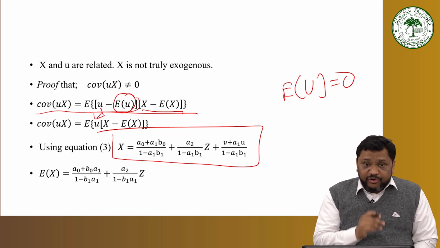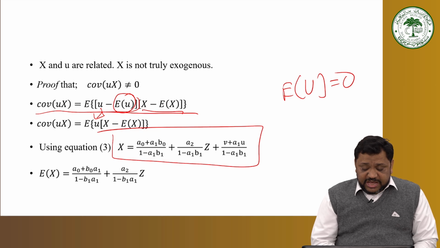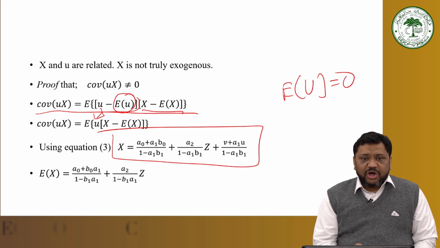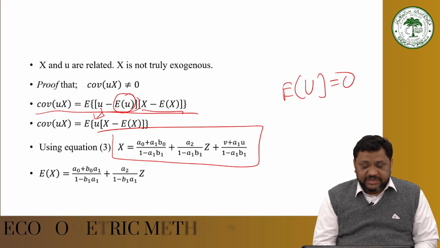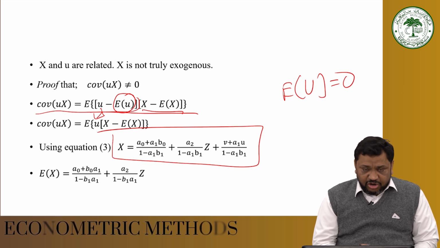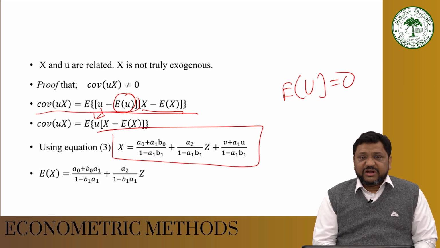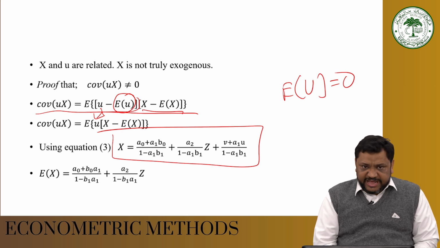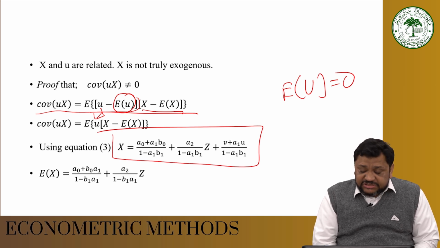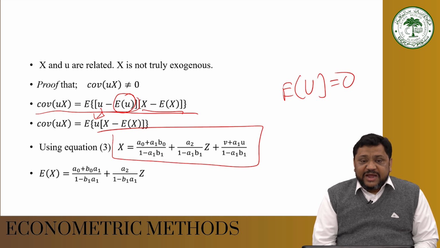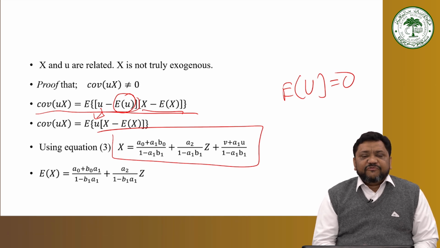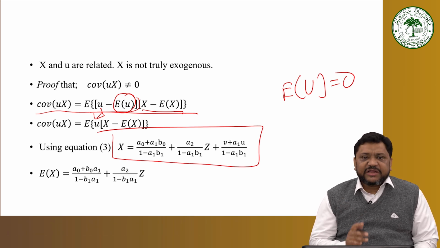If we take the expectation of this, in the first term there are constants a1, b0 and so on. In the second term also there are constants, a2. So those will remain even when we take the expectation. But the last term has the errors v and u, and the expected value of the errors, by assumption, is equal to 0.